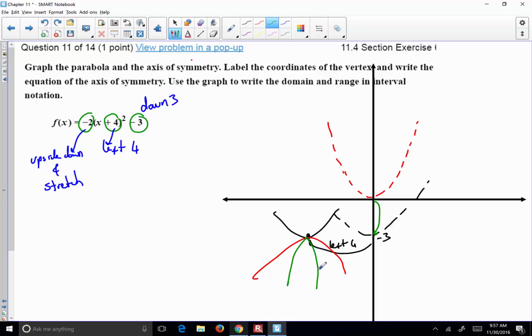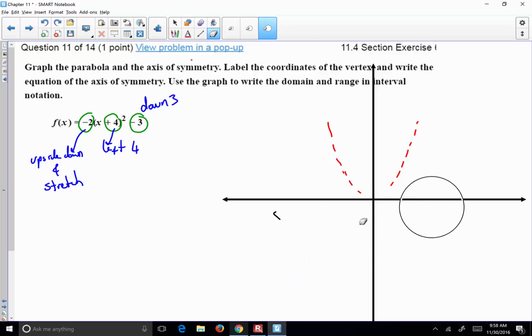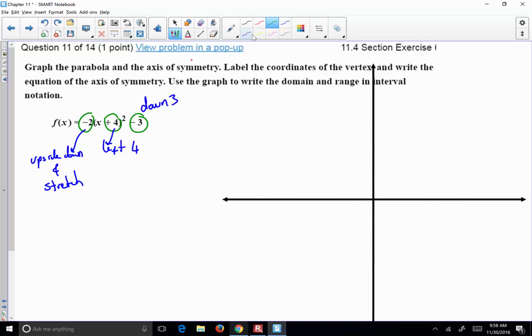And I'm going to put my final picture here. Is it clear? Down, left, upside down, stretch. Okay? When we do it in the problem, it won't have the right side up on there. You don't have to put that in. You're just going to pick a choice, A, B, C, D, okay? But again, down for shrink and stretch, skinny picture coming in.